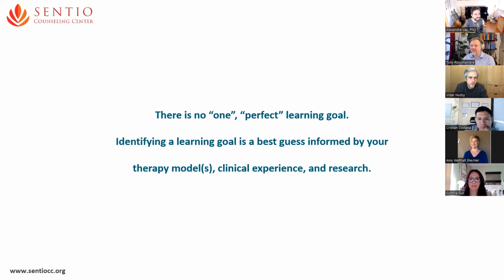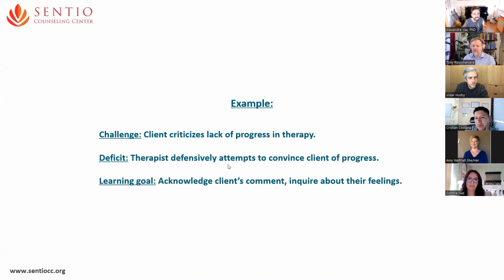What we like to say is that what you as a supervisor have to do is suggest something that's at least better than what the trainee is already doing, right? So if the bar is the trainee is defensively attempting to convince the client of progress, your task as a supervisor really is to propose a learning goal or a skill that's at least better, hopefully more effective than that, right?